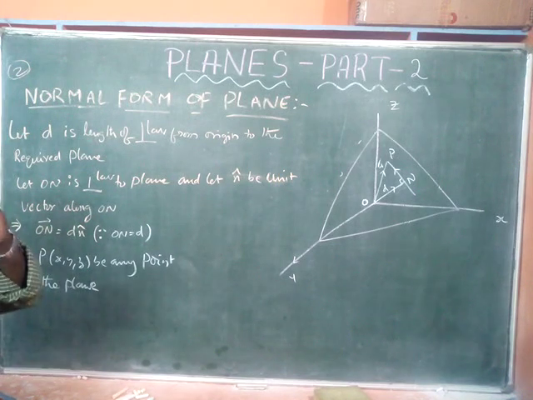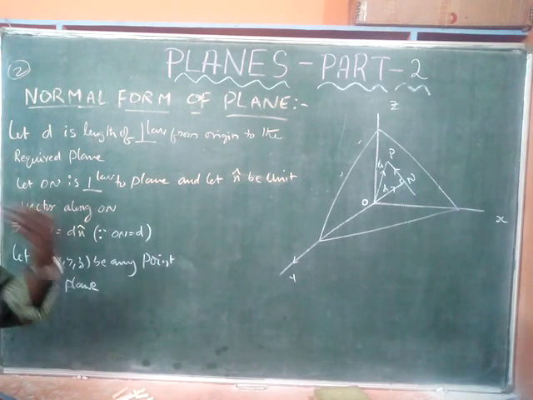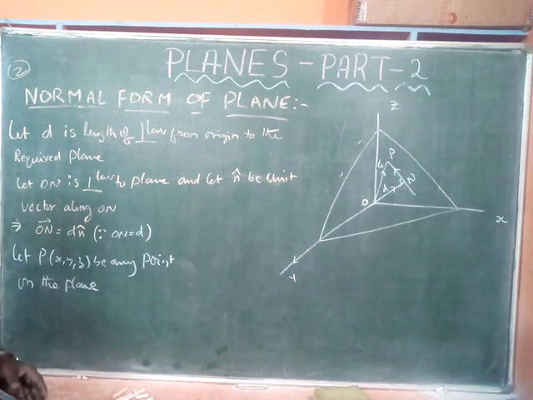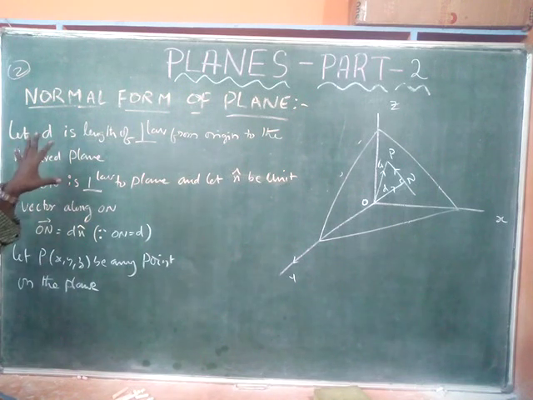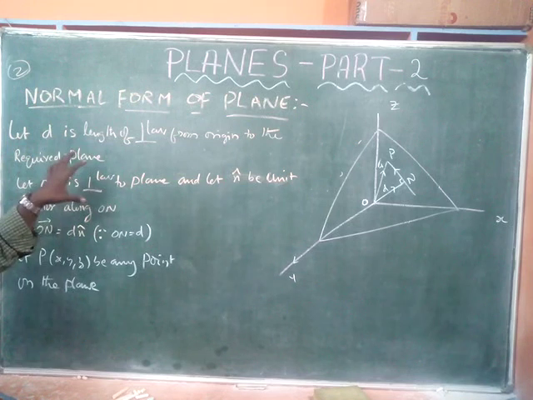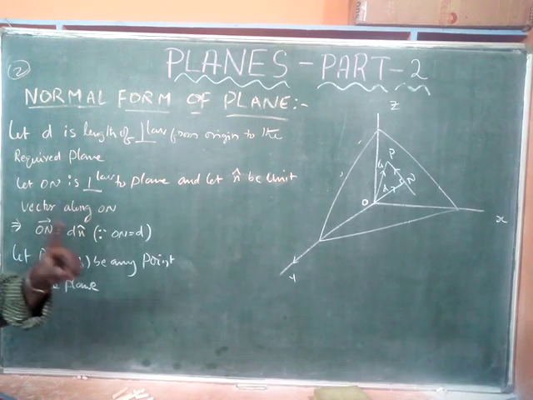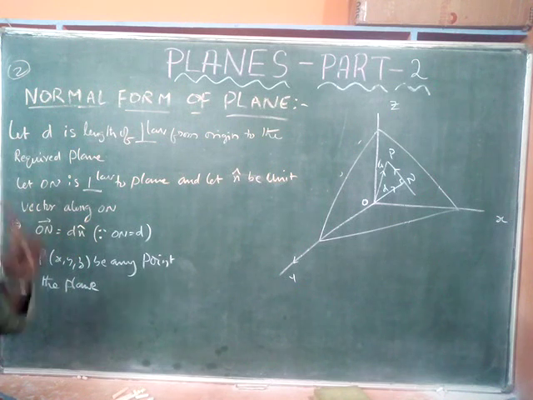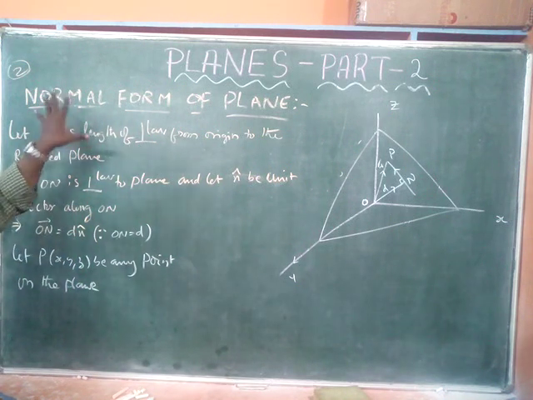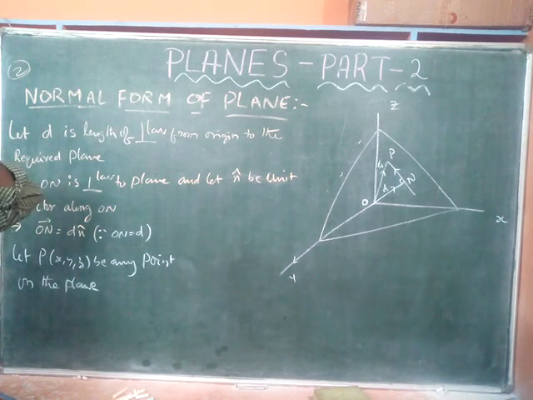Just like those six forms we discussed in the first year about straight lines in two-dimensional geometry. But here it is a plane, three-dimensional geometry. First we discussed the general form, that is Ax plus By plus Cz plus D is equal to 0. It is over. Next one is the normal form of plane.